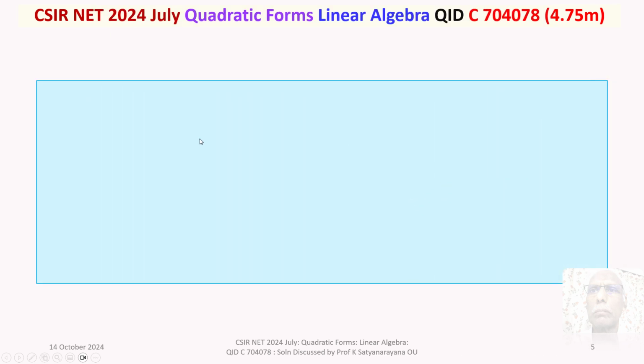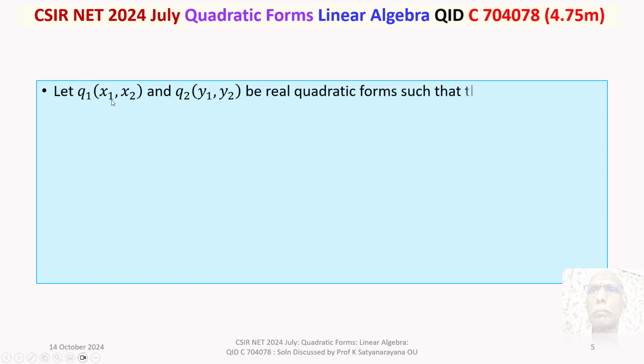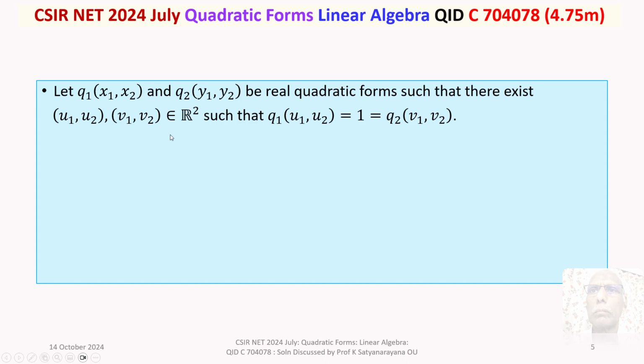The given question is: let Q1 of x1, x2 and Q2 of y1, y2 be real quadratic forms such that there exist ordered pairs (u1, u2) and (v1, v2) belonging to R square such that Q1 of (u1, u2) is equal to 1 is equal to Q2 of (v1, v2).